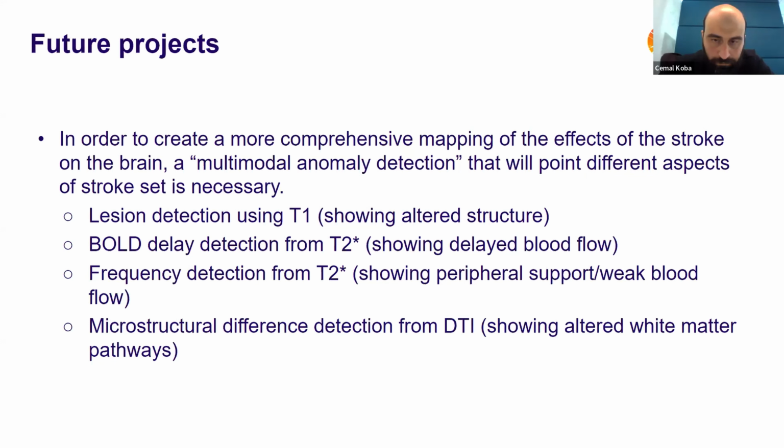Is it infarct, and how big? Is it penumbra? How big? And what is the mismatch between penumbra and the infarct? How can your work contribute to the clinical approach?